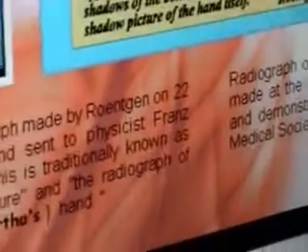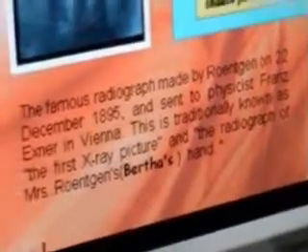So all the bones, which did not allow the X-rays to pass through, were black, and the soft tissue, through which a little bit of X-ray passed, was slightly whitish, and the outline of a hand was seen. That was captured in the photographic plate.